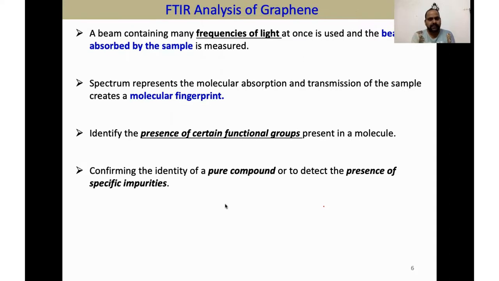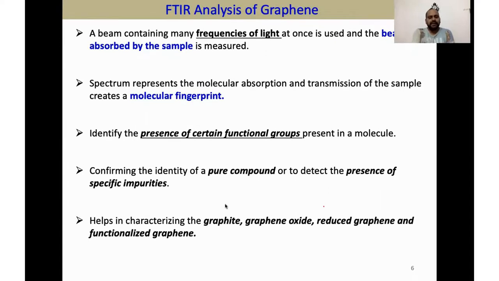We can confirm whether the material is a pure compound, or detect the presence of specific impurities. It can also give a very clear-cut idea whether our material is graphite, graphene oxide, reduced graphene, or functionalized graphene.